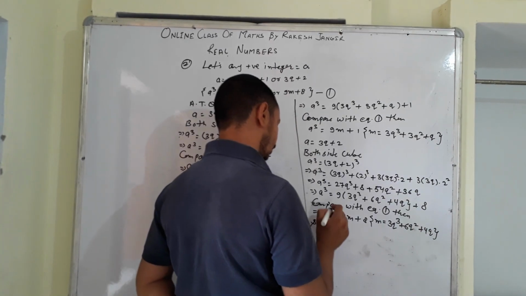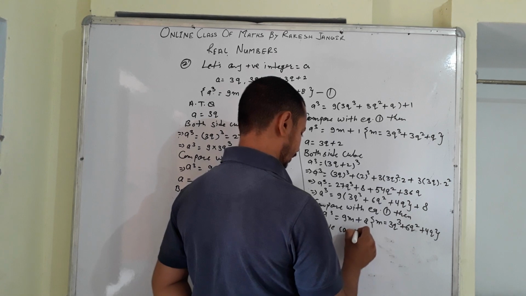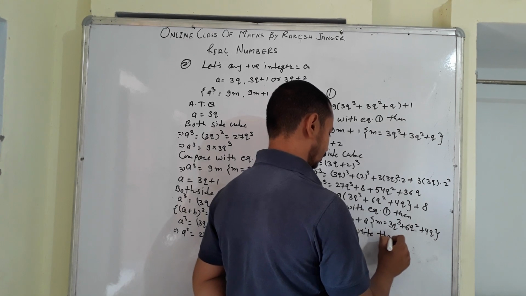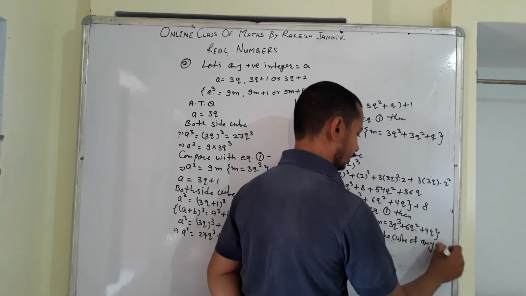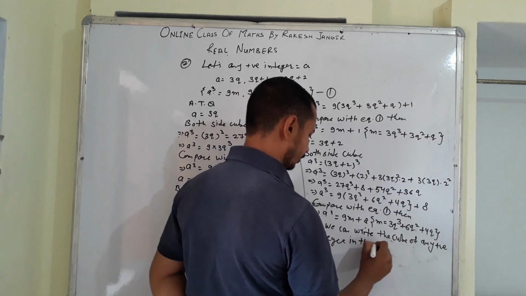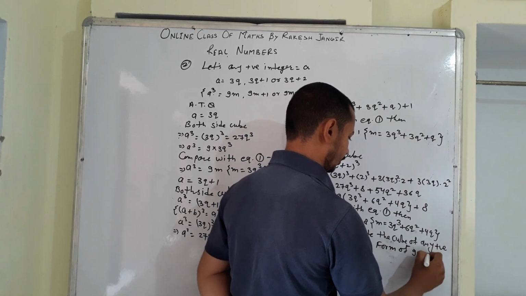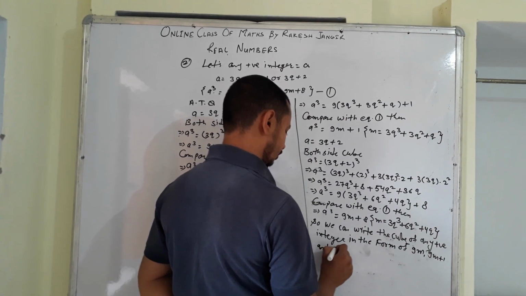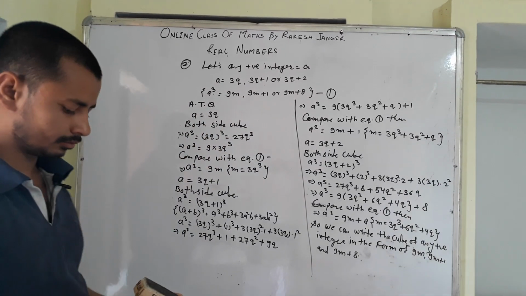So we can write the cube of any positive integer in the form of 9m plus 1 and 9m plus 8. Okay, copy the question quickly.